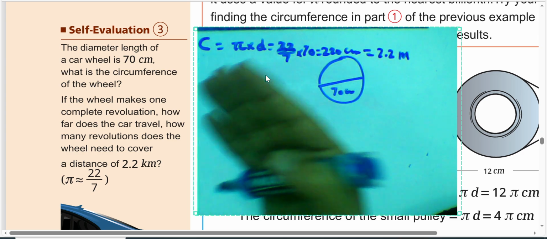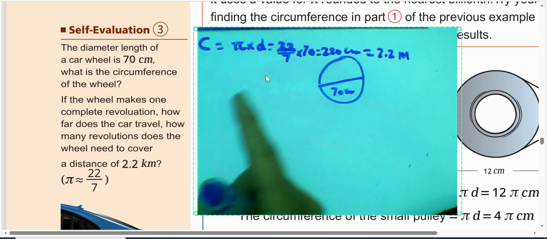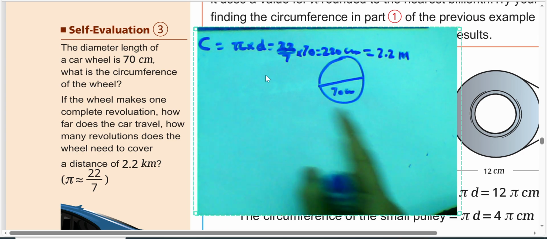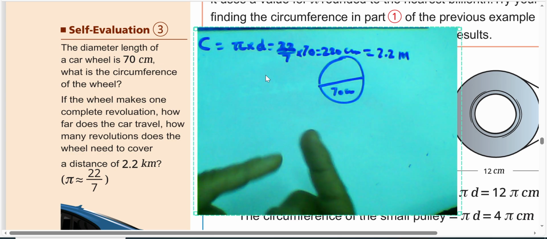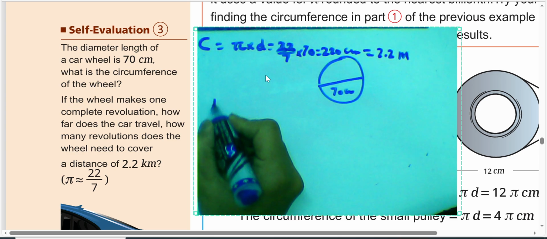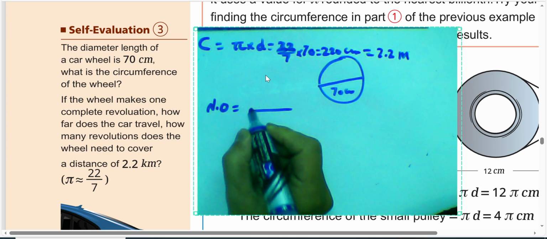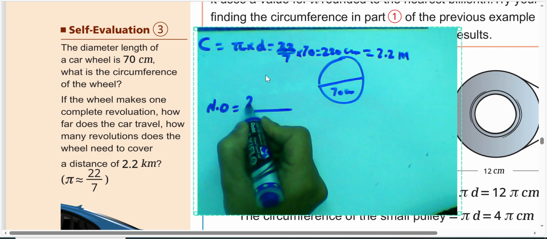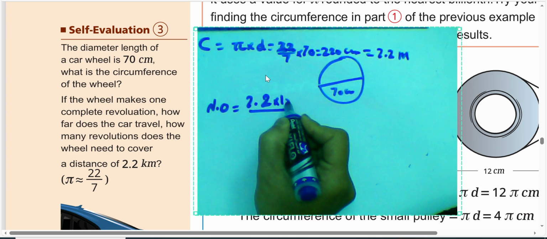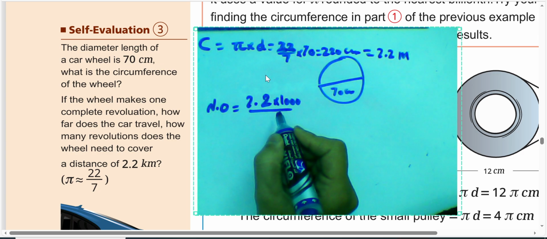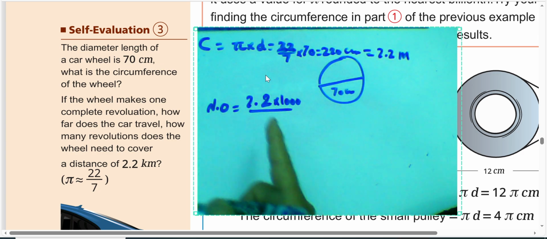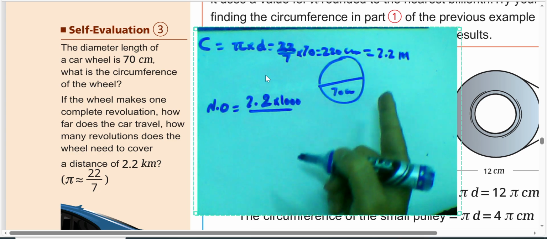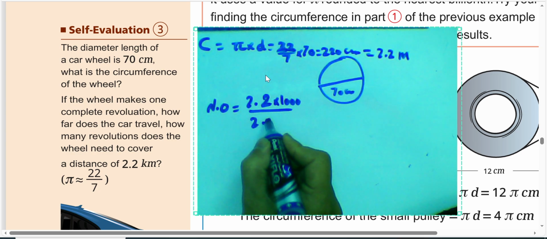We can find the number of rotations by dividing the long distance by the circumference of one rotation. The distance is 2.2 kilometers, converted to meters by multiplying by 1000, divided by the length of one rotation, 2.2 meters.